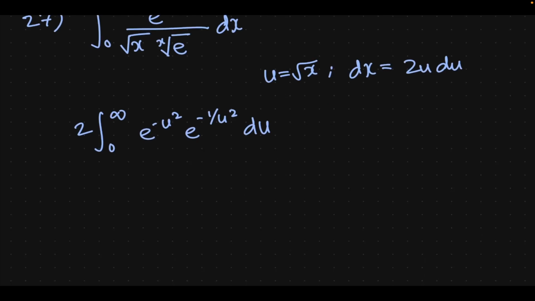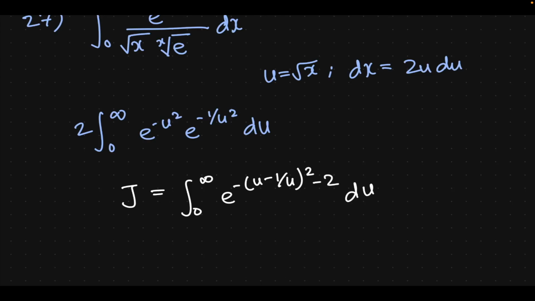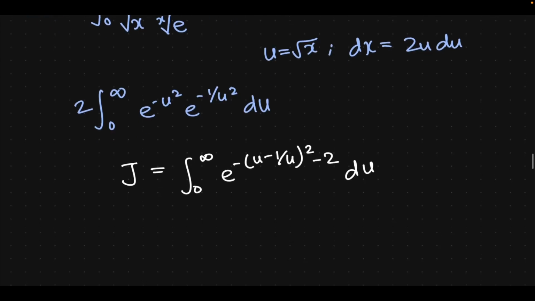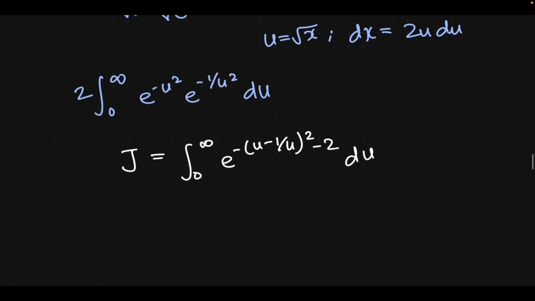And we can complete the square. So let's take white again, define J to be the integral from 0 to infinity of e to the minus (u minus 1 over u) squared minus 2, du, which is basically this integral in blue with the squares in the power completed.